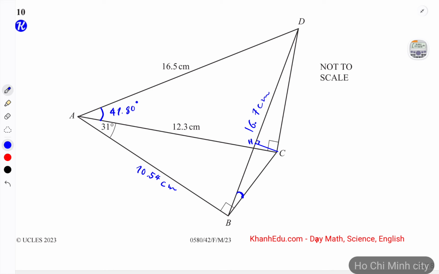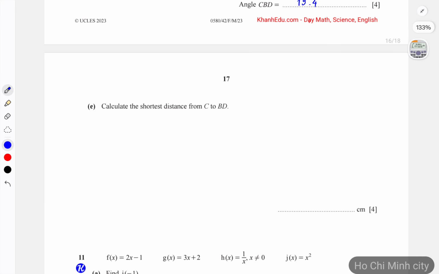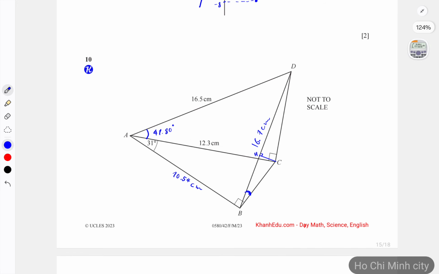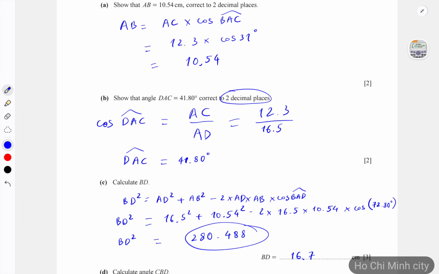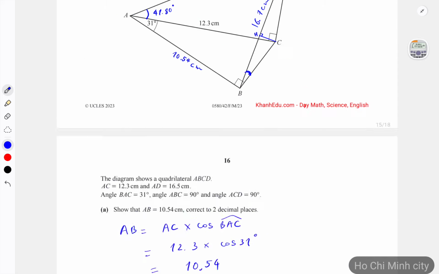All right, so let's see how we can find it. We already know the angle CBD, and we also know the length of the BC, so we can easily work out this side. CH is perpendicular to BD, H is on BD. Then we know that CH is BC times the sine of the angle. CH is equal to BD times the sine of the angle CBD.